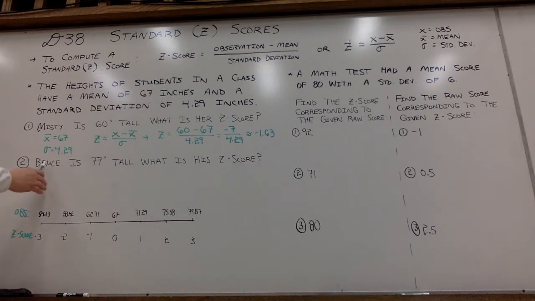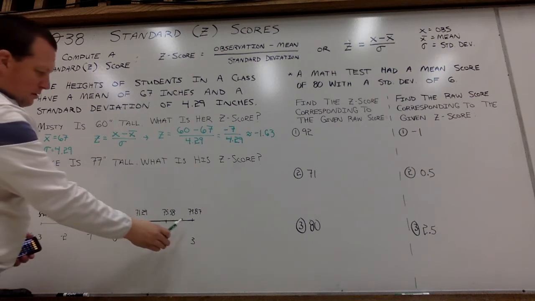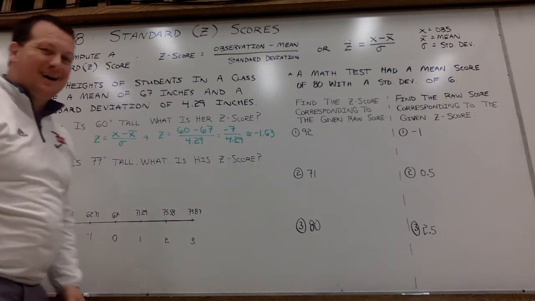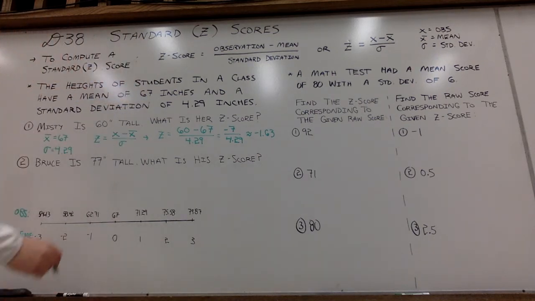Excellent. So Bruce is 77 inches tall. He's way up here, so he is above average, so his z-score would be a positive number. Bruce's observation is 77, the mean is still 67, and the standard deviation is 4.29.